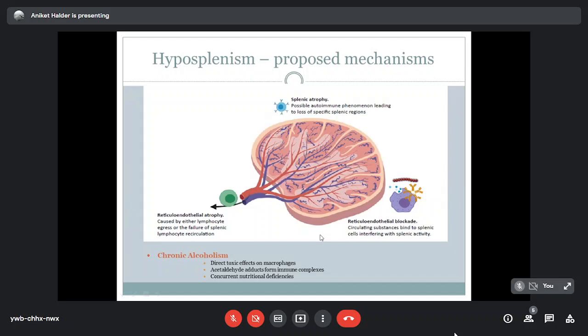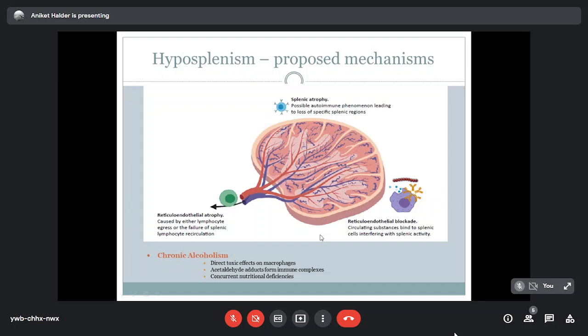There is increased macrophage activation, and these macrophages will be more involved in counteracting these gut-borne pathogens which come to the spleen, which normally does not occur if there is an intact barrier immunity of the gut.